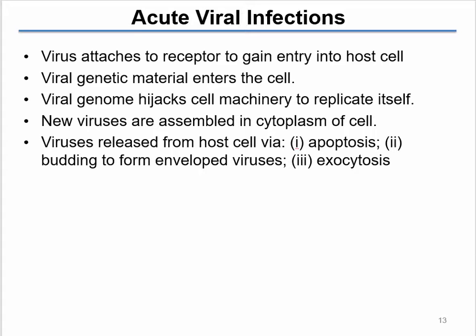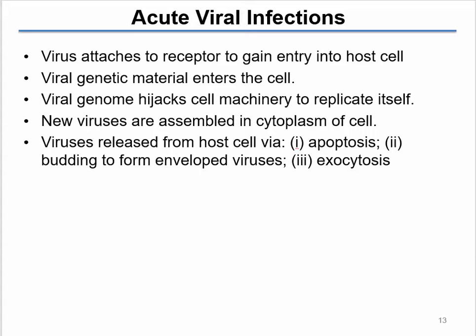For instance, viruses that affect neurons could use the neurotransmitter exocytosis route, things like that. So somehow the virus gets in via receptor, takes over the protein synthesis, makes new viruses, and then they leave either by killing the cell, budding out, or through exocytosis.